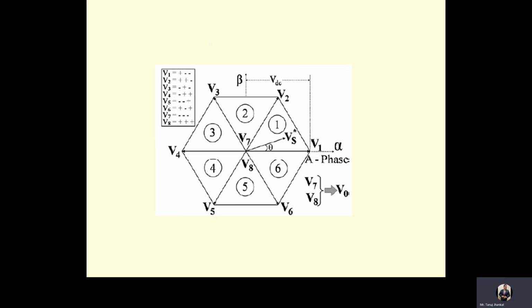Now, it is to be noted that the voltage vectors V7 and V8 effectively generate the same voltage vector location. Hence, the switching states minus minus minus and plus plus plus each generate the zero voltage vector and are known as redundant switching states for zero voltage vector V0. Similarly, the switching states which generate the same inverter voltage vector are considered redundant switching states for that voltage vector.